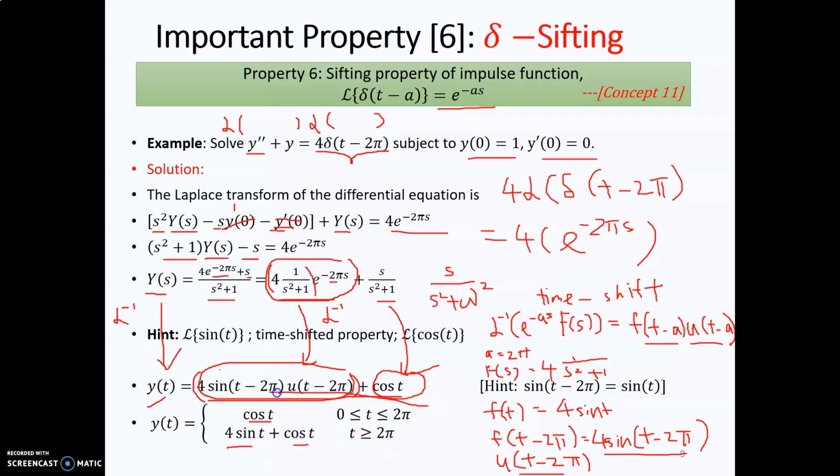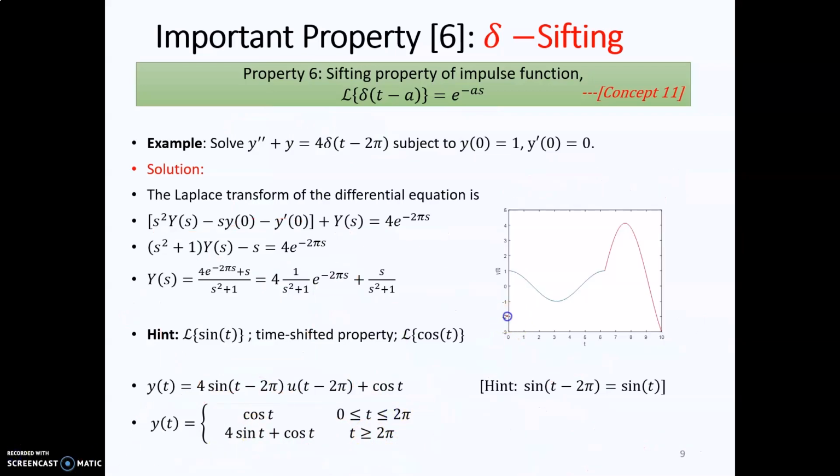So by using this, you can plot the graph. When you plot it, from 0 to 2 pi, you get cos t, which is in blue color. For t greater than or equal to 2 pi, you have 4 sin t plus cos t, which is in red color.